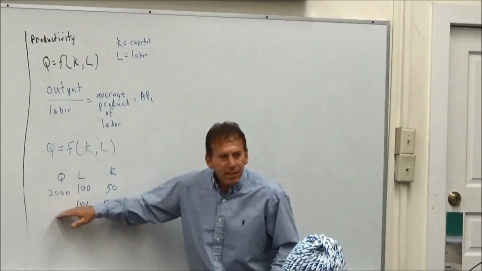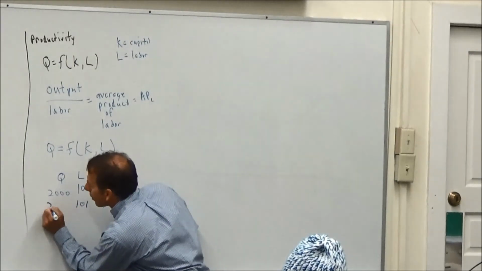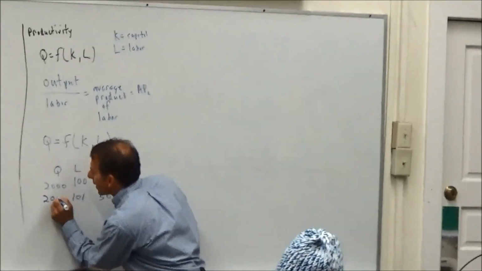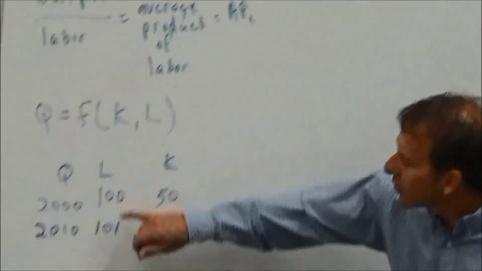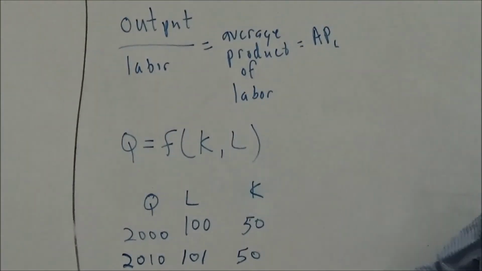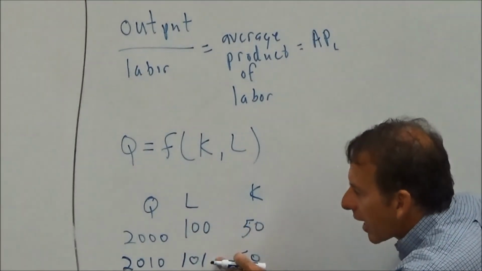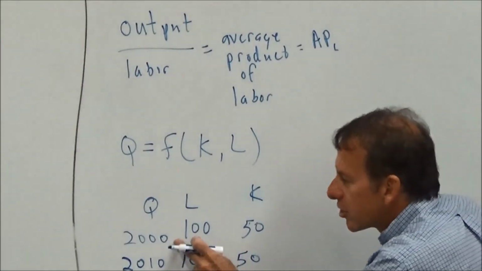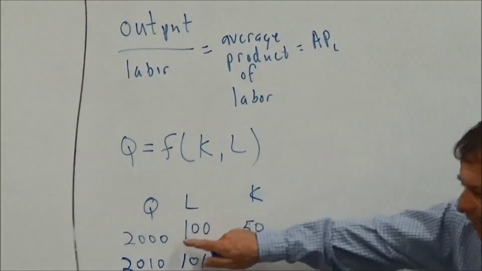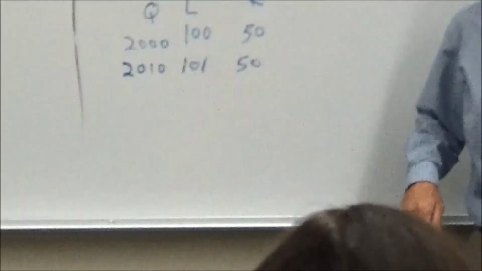So what happens is this has to change. This has to go to, let's say, 2010. So what did you just add to that output? 10. And I like that, because what happened is you looked at the change in labor, which was you, and the change in output is 10. It went up by 10 because of you.